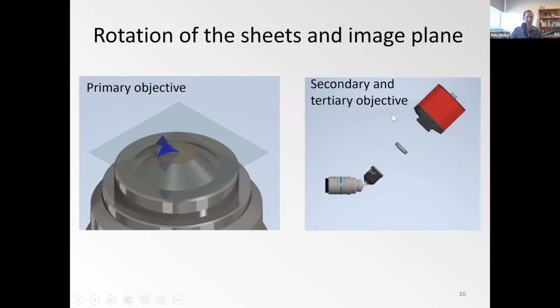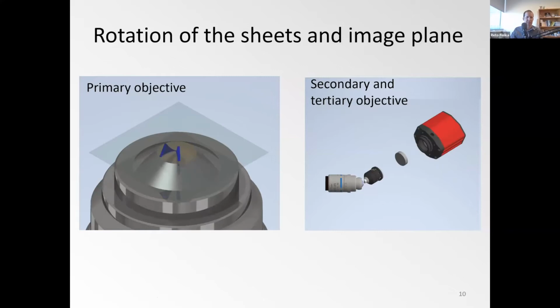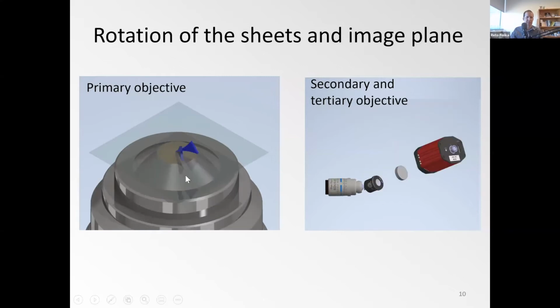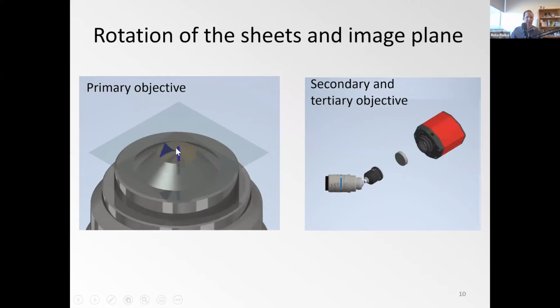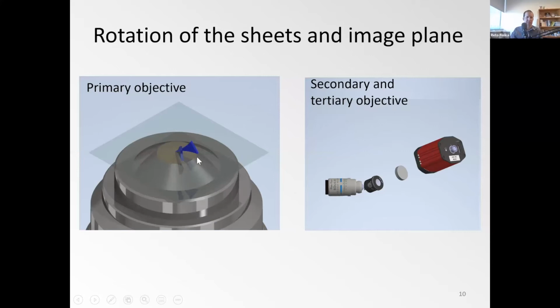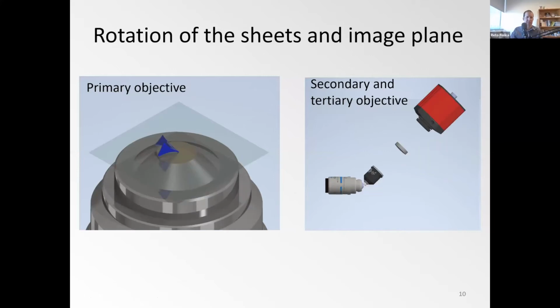So it will not really be a practical microscope, I would say, and also not a really fast one. Alternatively, you could argue you could rotate the coverslip. So you could keep everything on the microscope side stationary and rotate the sample. But I would also argue this would be rather painful.